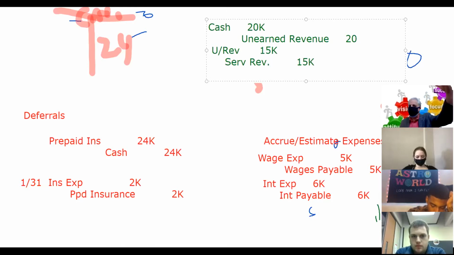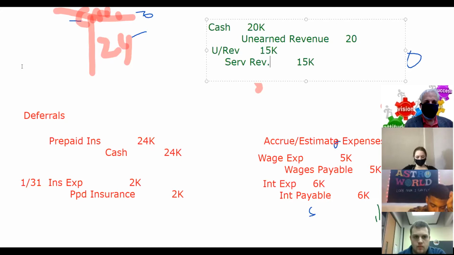So I'm moving things from my balance sheet to my income statement. I'm clearing out because I did the work. I don't owe that 15,000 back to the customer anymore. If they cancel, and right now I've done 15,000 worth of work, I still owe them 5. Typically, we'll get that 5,000 when we do some more work. But until we do that work, I can't record it as revenue.